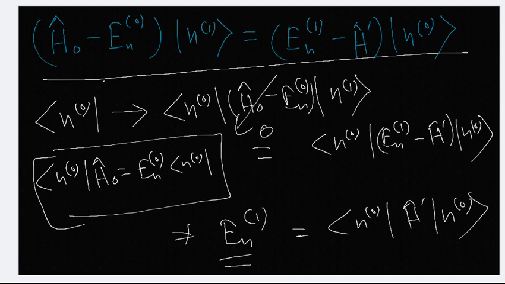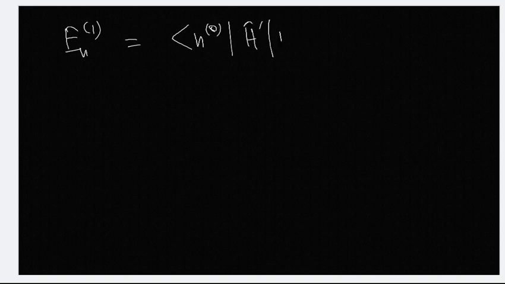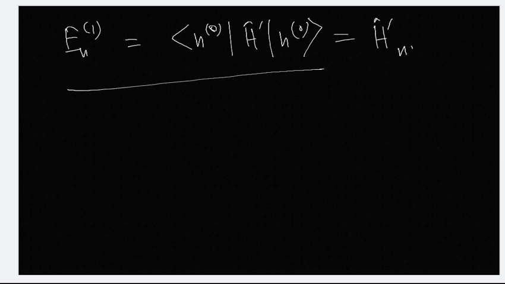The first order correction in the energy eigenvalue, which is En1, is nothing but ⟨n0|H'|n0⟩. And what is that? This is the matrix element of H', and the matrix should be represented in terms of the basis of the unperturbed spectrum.